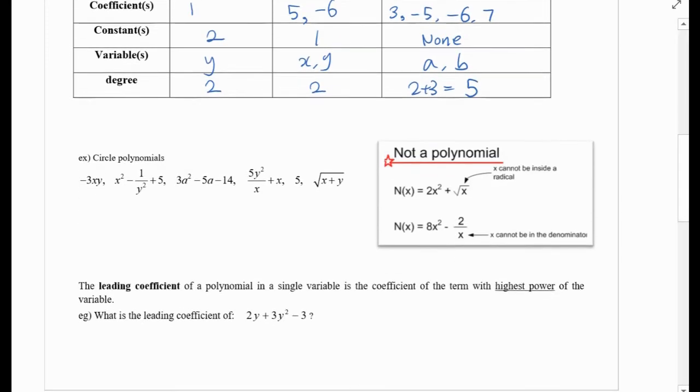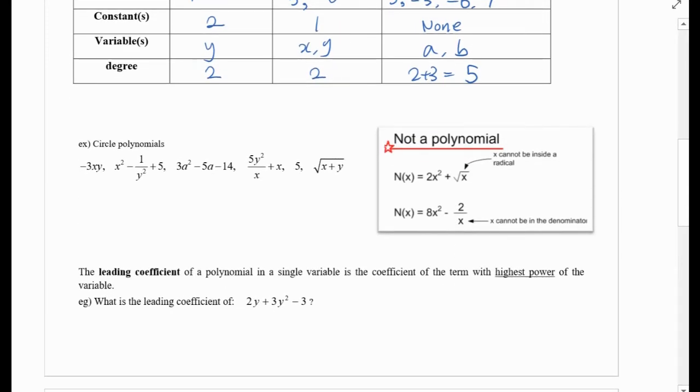Alright, but some expressions are not polynomials. For example, root x. If x is inside a radical, then that is not a polynomial. Or if x is in the denominator, that is not a polynomial.